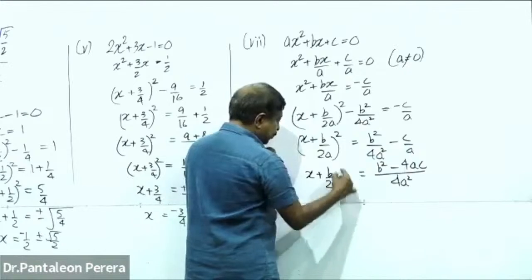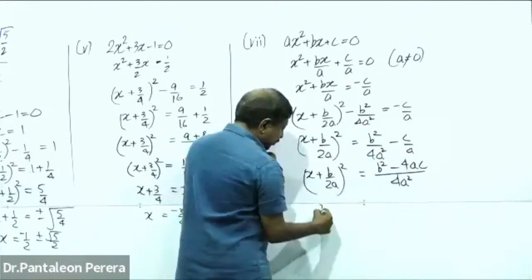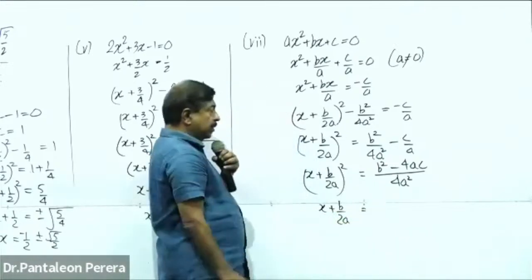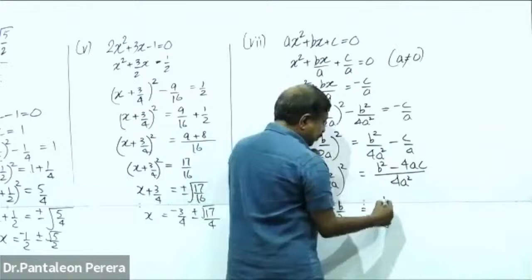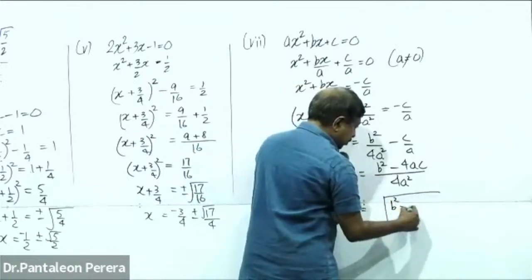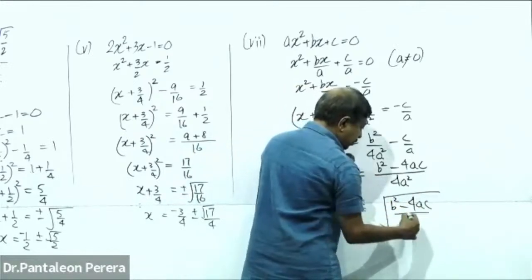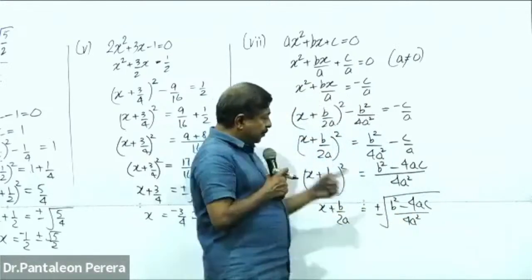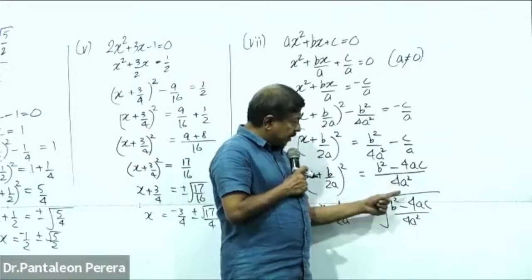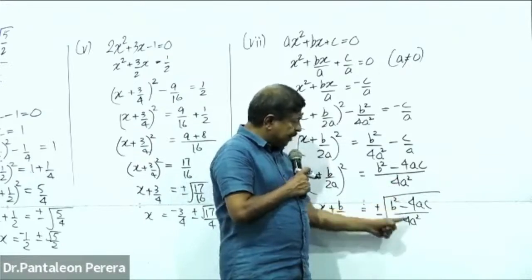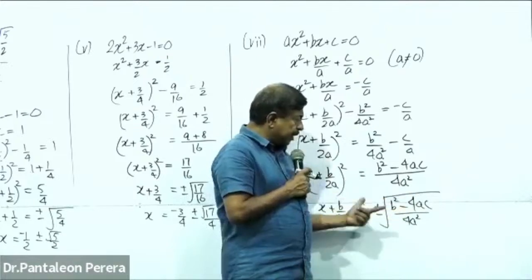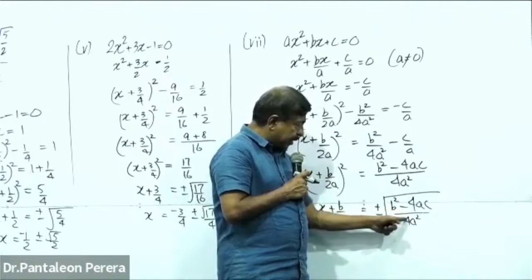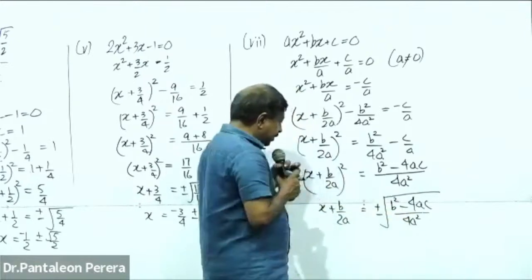Now this is the time to get the square root. When you get the square root, you get x plus b over 2a. On the right-hand side, you have to get the square root. Now introduce the plus or minus. Take the square root of both upstairs and downstairs. Upstairs you cannot take it because there's a negative sign. Here it's a product, so you can take the square root of each and every term.